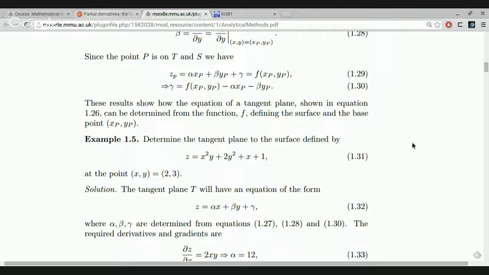The x differentiates to 0, as does the 1, because we're differentiating with respect to y. So those are just treated as constants. And that should be evaluated at the base point xp, yp. That's what I mean by those subscripts. So we have x is 2, so we've got 4 here. 4 plus 12, isn't it? Yeah, 16.